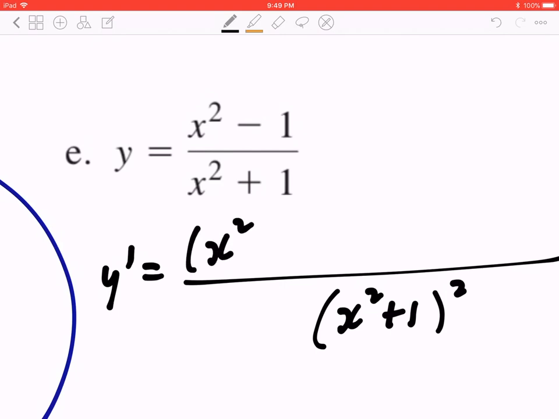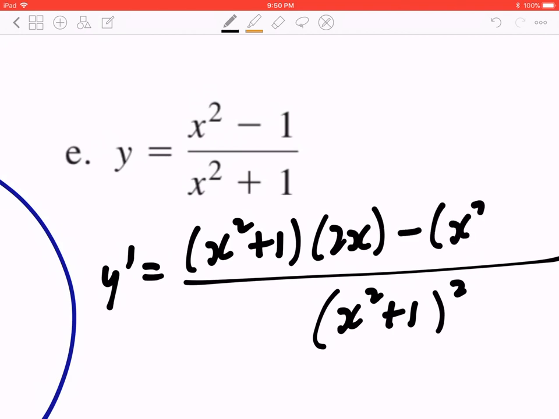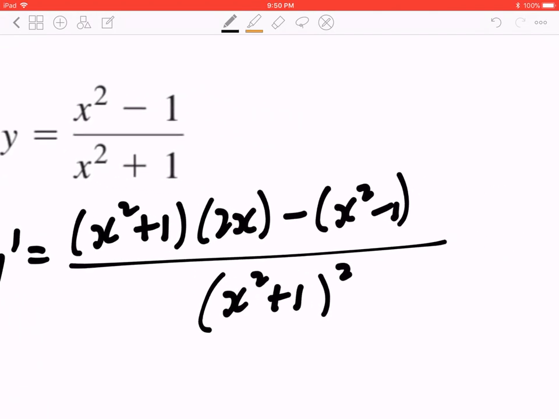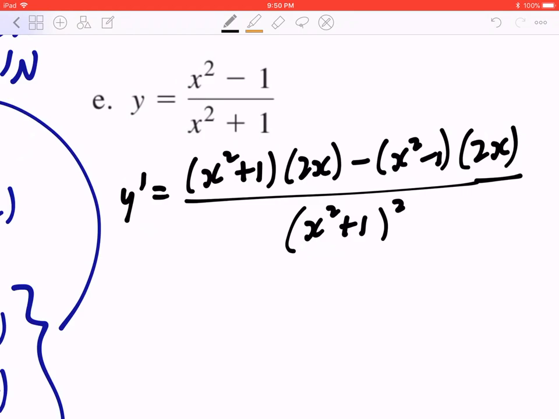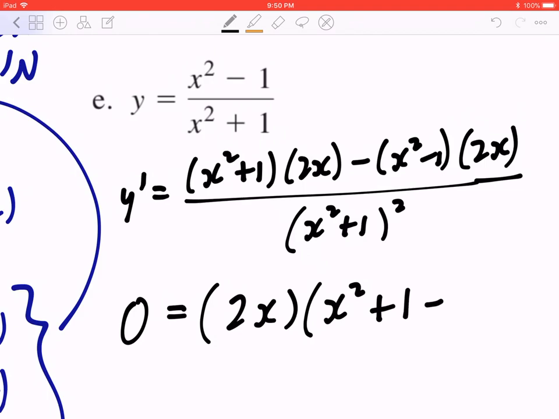Square the bottom, copy the bottom to the top, multiply by the derivative of the top, minus, second last step, copy the top, multiply by the derivative of the bottom. Again, think factoring. There's a common factor of 2x you can bring to the front. And the brackets will be x squared plus 1 minus x squared plus 1.